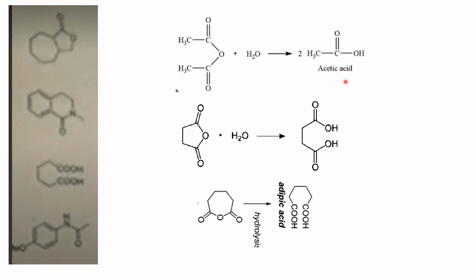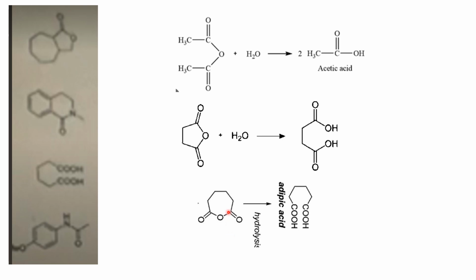In this case, this is acetic anhydride. And with water, you form 2 molecules of acetic acid. Now, if it is a cyclic anhydride, like this one, the carboxylic acid and the other carboxylic acid come from the same molecule.